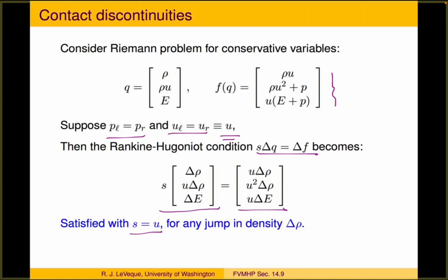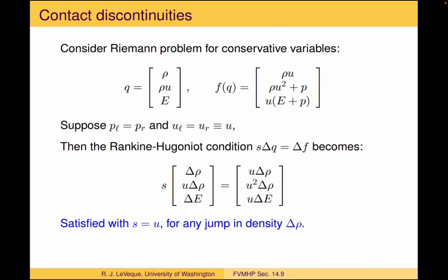So what we see is that we can satisfy the Rankine-Hugoniot jump conditions provided we take s equals u for any jump in density, delta rho. So that says that we can have a discontinuity that propagates as long as these conditions are satisfied, that the pressure and velocity are constant across the jump, then we simply have a discontinuity that propagates at that speed u for any jump in density.